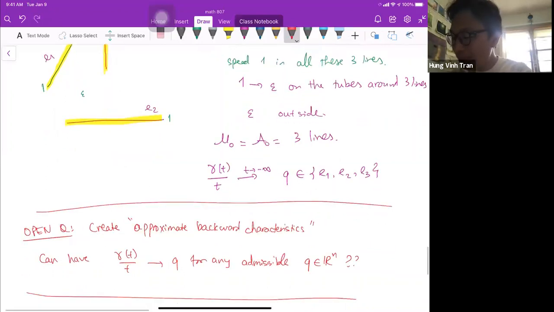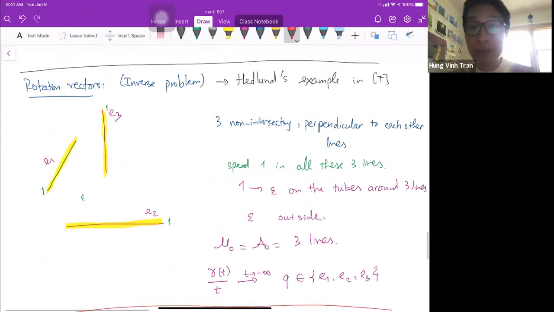Let me tell you what I mean by approximate backward characteristics or approximate geodesics. Here's what you do. It's boring, right? If I just follow the three freeways, then it's taking me forever, and I can only obtain the three rotation vectors E1, E2, E3. However, you can always do a convex combination of those to get any vector that you want, with speed less than one. How do you do it?